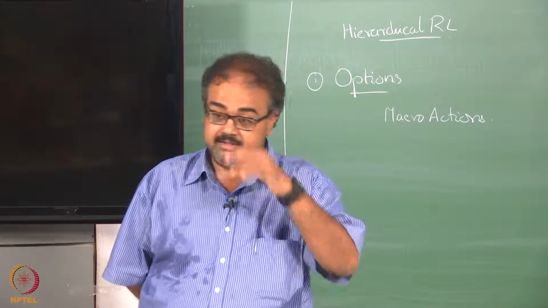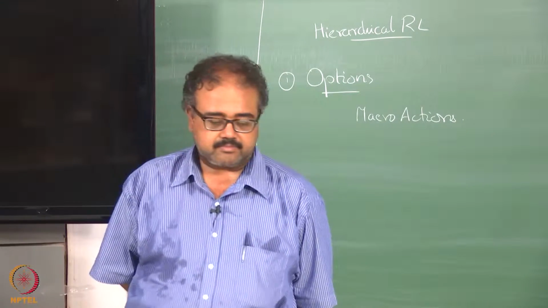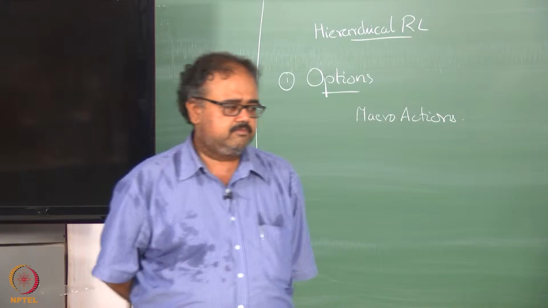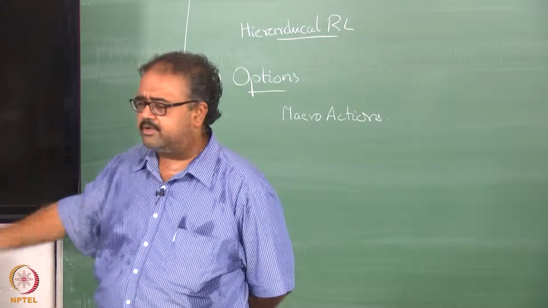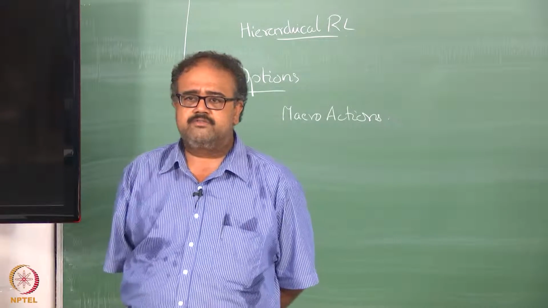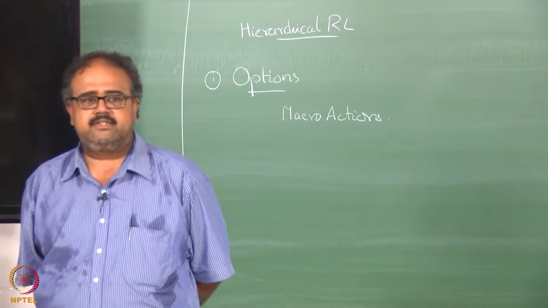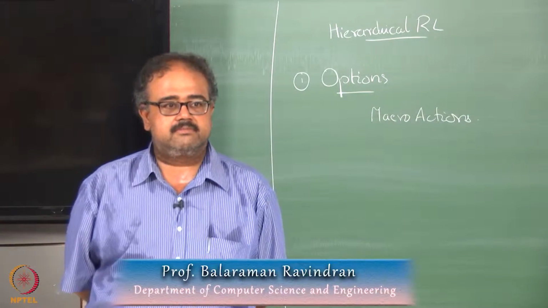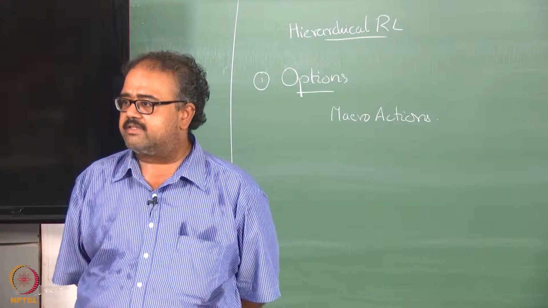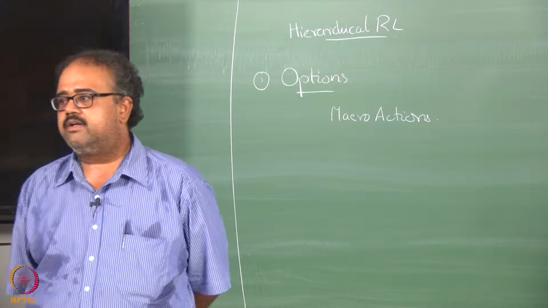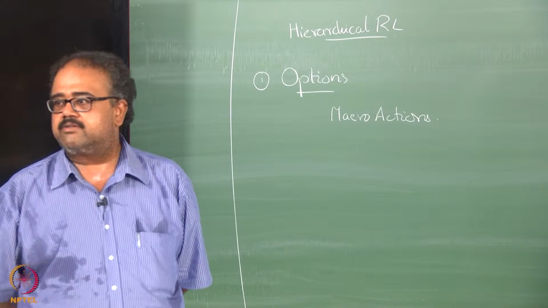For example, we spoke about many such examples in the last class. If I want to go out of this building, I can have a macro action that says climb down the stairs, that consists of a lot of smaller actions, but as far as I am concerned all I need to think of it as is a single action that says climb down the stairs.